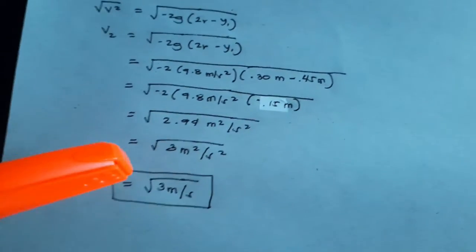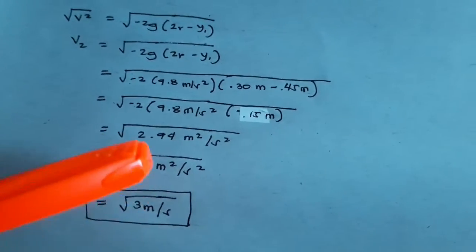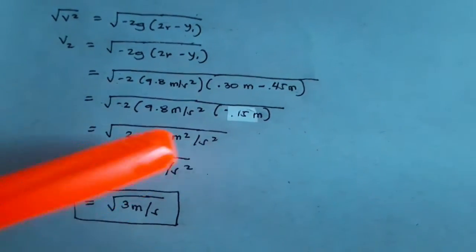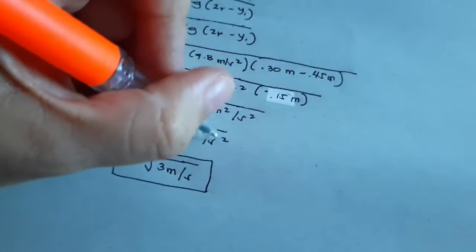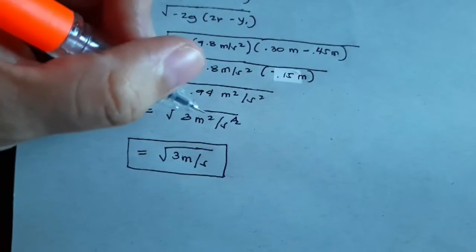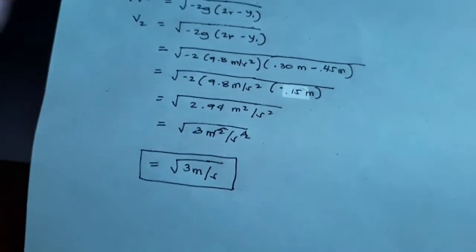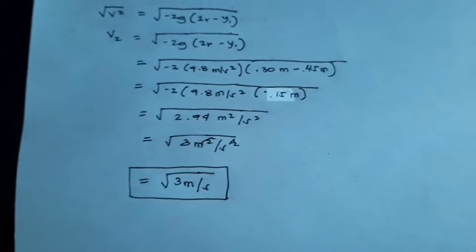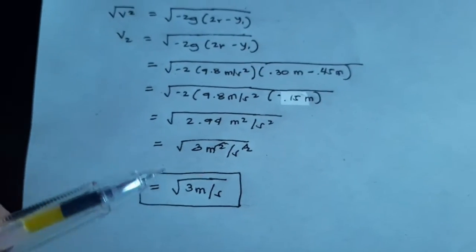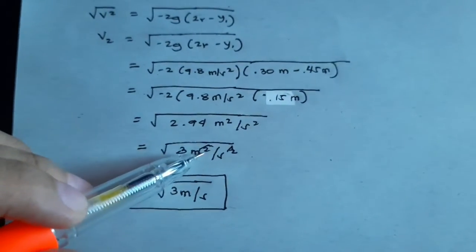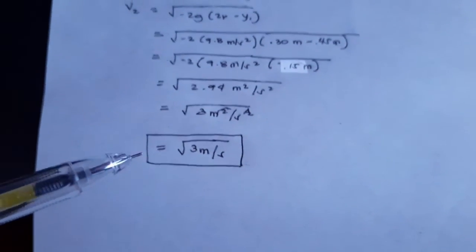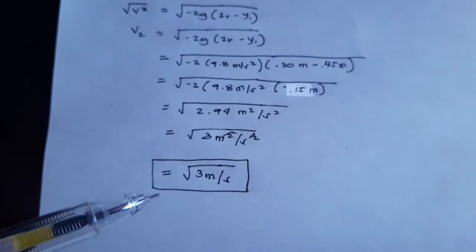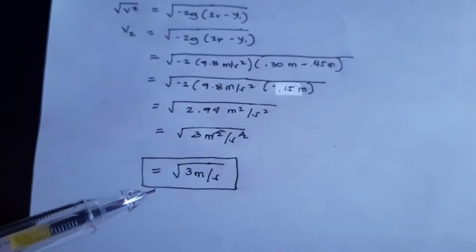Since it is a square root, the squared can be canceled, so the squares cancel. So now we can simplify. The answer is the square root of 3 meters per second.